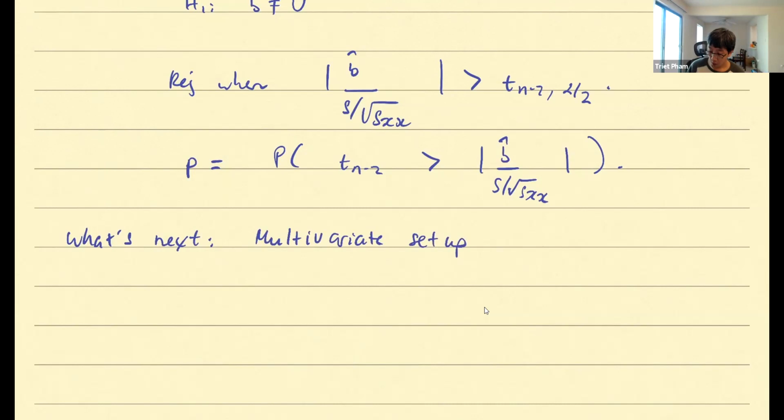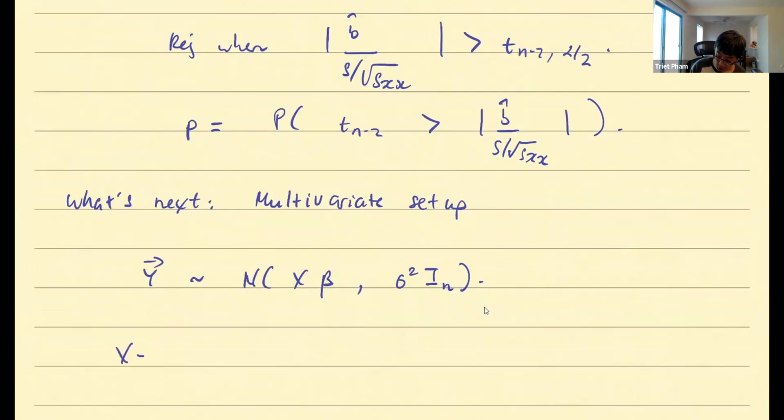Where you have y vector is going to be a normal with X beta, sigma square I, like this. So X is a matrix of 1, and then X1 all the way to X_{P-1}, 1.